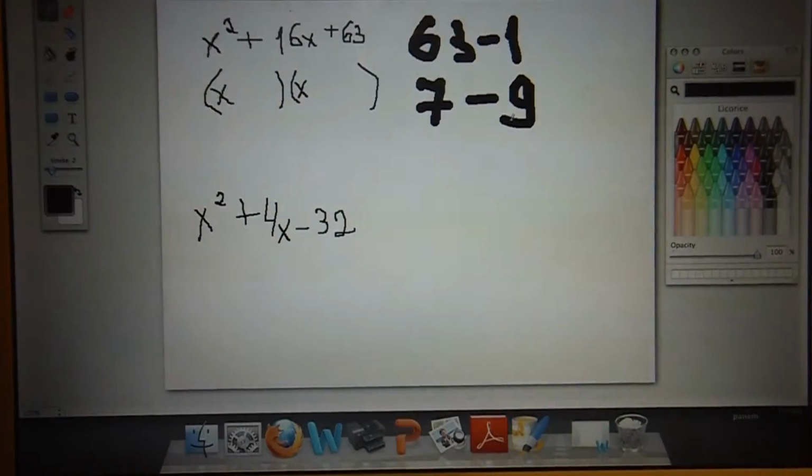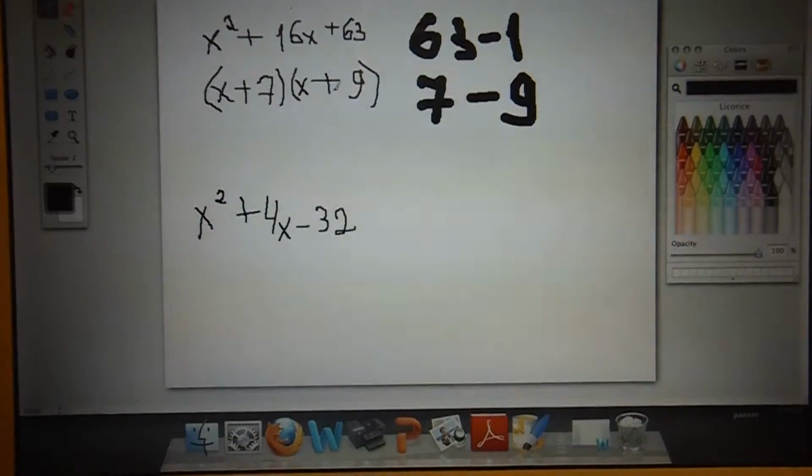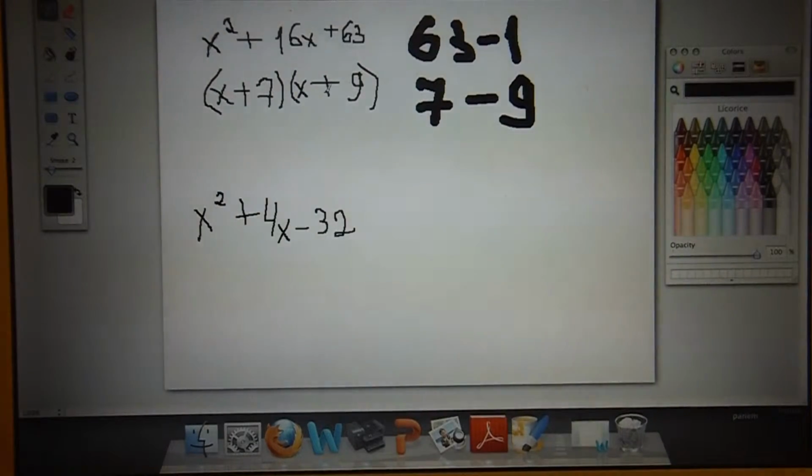Now, does 9 plus 7 equal 16? You bet it does, so plus 7, plus 9. Okay, now let's check this out. Does 7x plus 9x equal 16x?